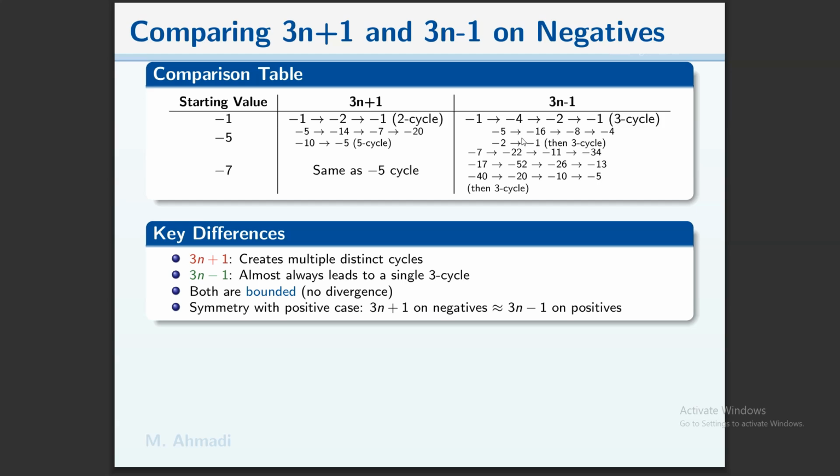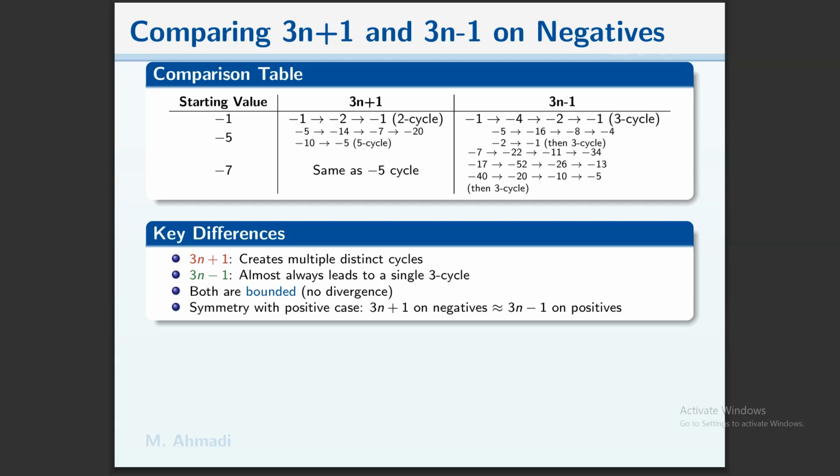Here it goes through the sequence and then enters the 3 cycle. For minus 7, same as the 5 cycle, it goes through the sequence. But for 3n minus 1, after the sequence, it goes to the 3 cycle. So the behavior is different. 3n plus 1 creates multiple distinct cycles. 3n minus 1 almost always leads to a single 3 cycle.